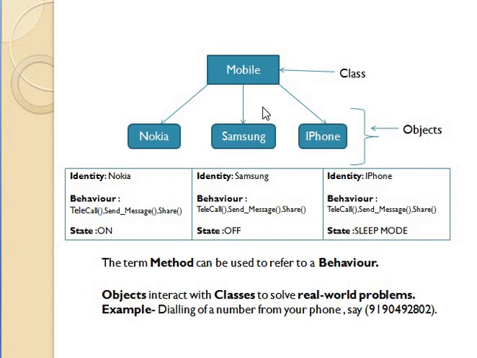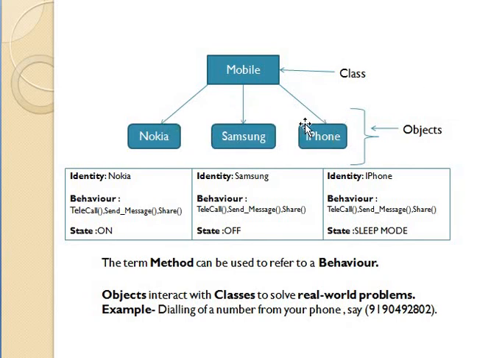In addition to that, they have their own behaviors, like calling, sending messages, and sharing stuff like pictures and documents. As nowadays almost all mobile phones have these functionalities, so do Nokia, Samsung, and iPhone.